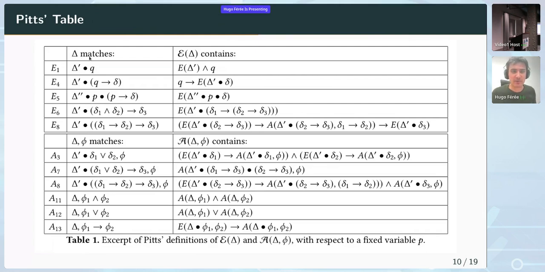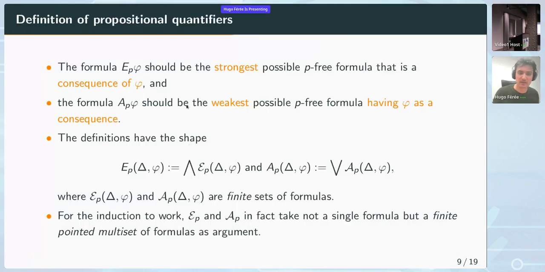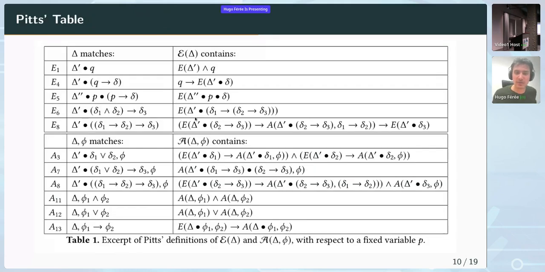It looks like this. It says that whenever the multiset of formulas delta matches one of those rules, and this is just an excerpt, you should add to the set E a formula. So recall we are defining E as a conjunction of formulas in the set curly E, and you add a formula like this in curly E by calling E on itself.